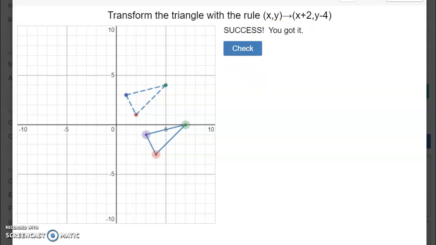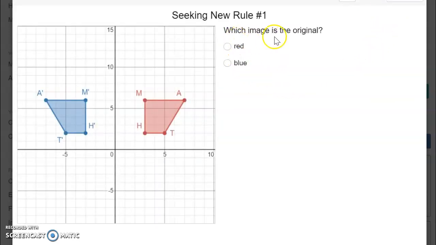Okay, and I got it. All right, which image is the original? Can you tell which is the original? Is it the blue one or the red one? How can you tell? The one with the prime notation is the new transformed image. So this is new, so that red has to be the original. Notice that M is here, the corresponding M prime is right there.